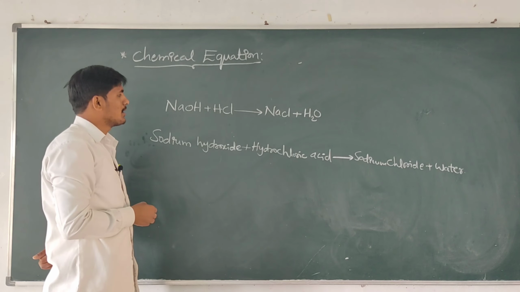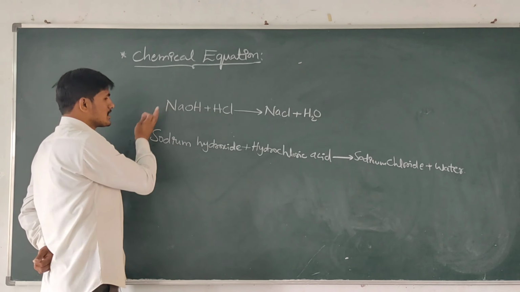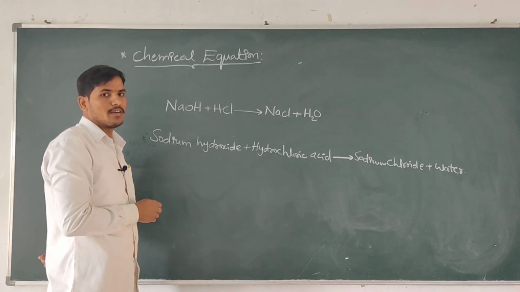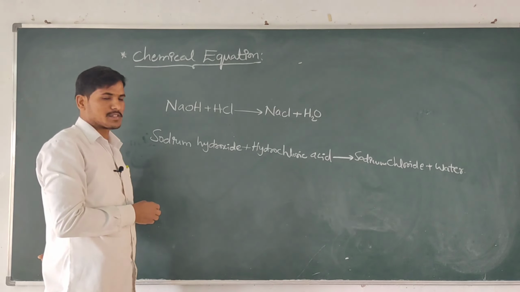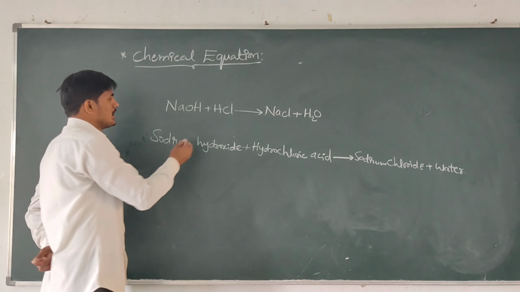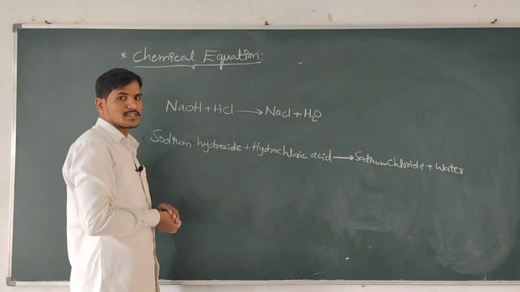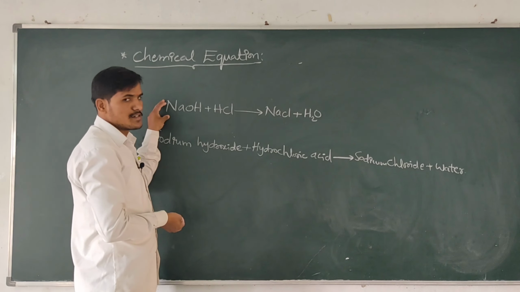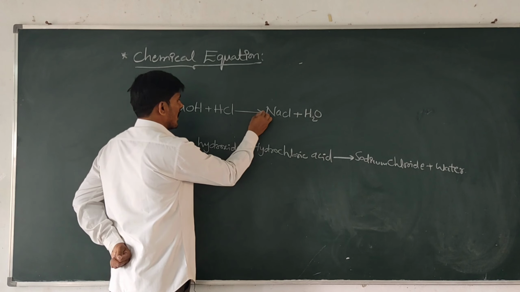When we write the chemical equation using symbols, it is easy to write and communicate to others in chemistry. In a chemical reaction, the substances which undergo the reaction are called reactants. Reactants are present on the left side of the arrow mark.